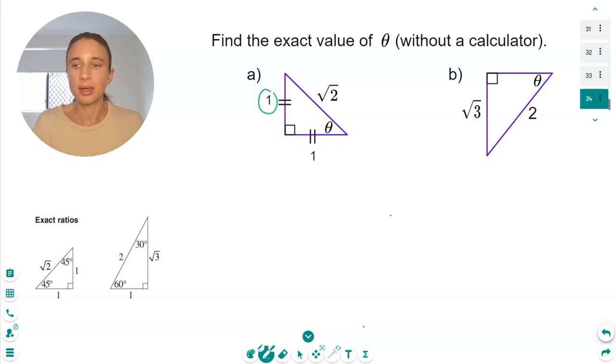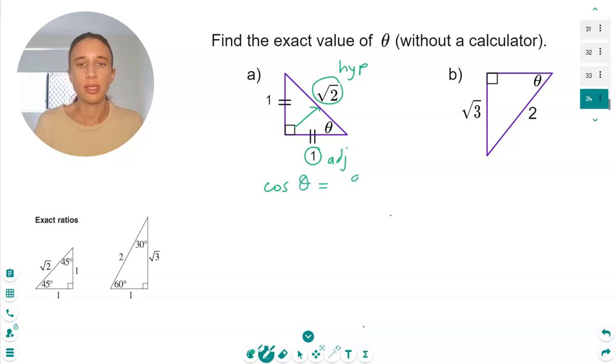I might pick the adjacent side just for something new. So I've got adjacent and I've got the hypotenuse because that's opposite the right angle. Adjacent over hypotenuse would be cos theta equals adjacent over hypotenuse. Let's substitute in: cos theta is 1 over root 2.